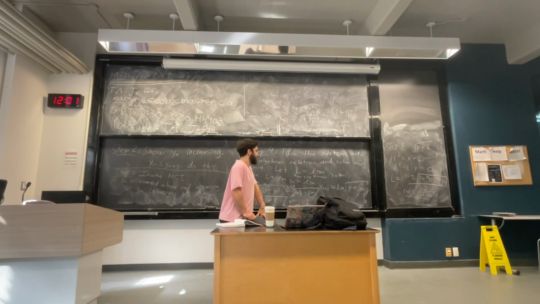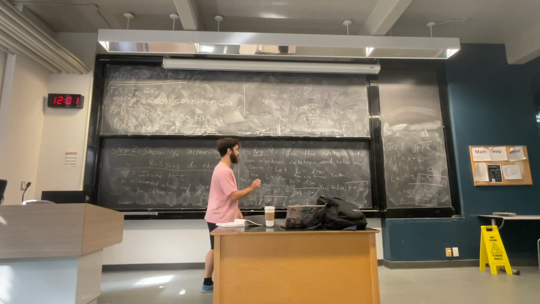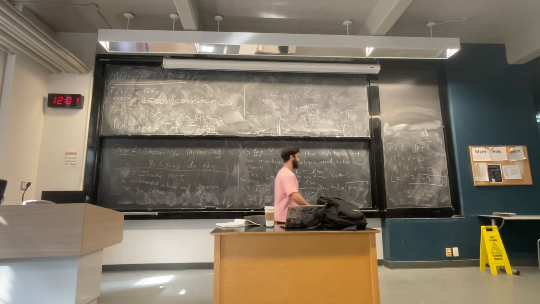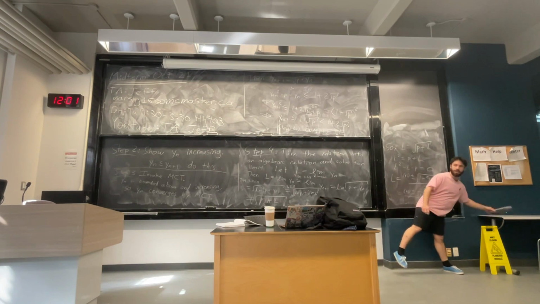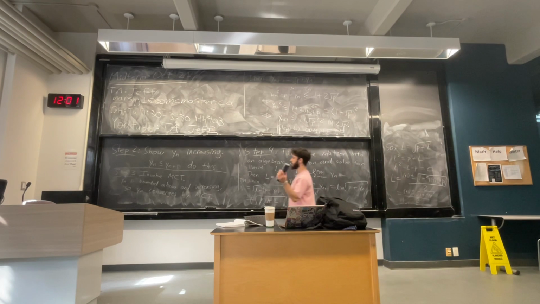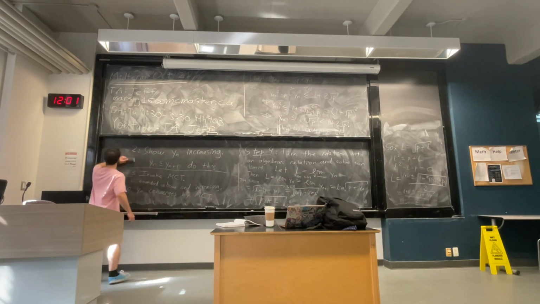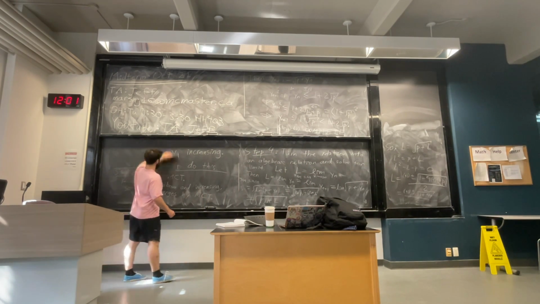I'm pretty sure one of these should always end up being negative. Yeah, one of these is negative. Okay. So I don't want this to drag on too long, so let me just go back to this board. Okay, we'll talk about step 2 in a moment.